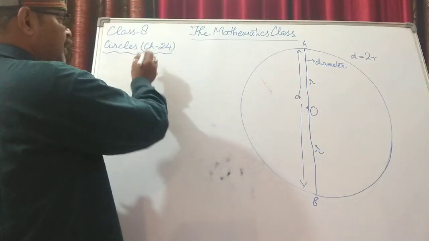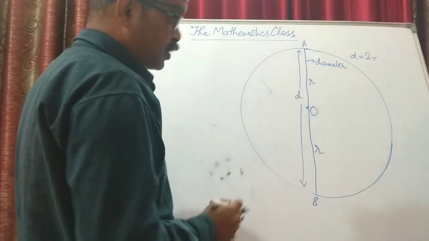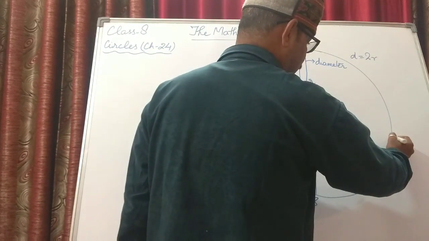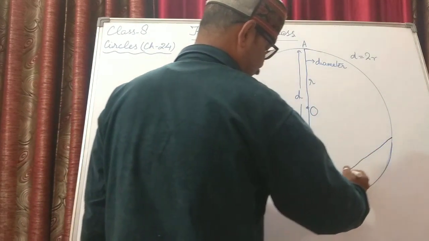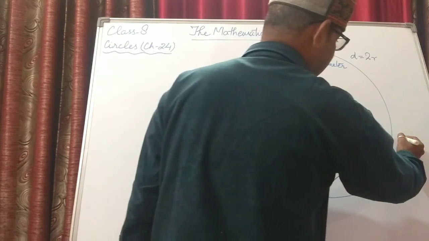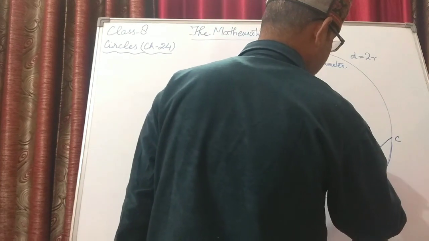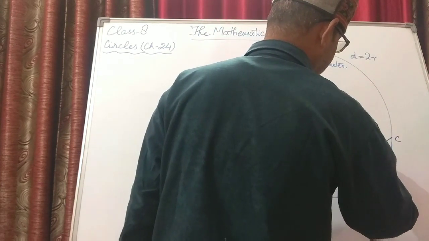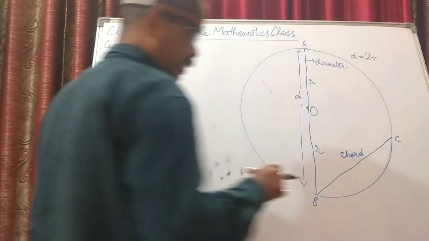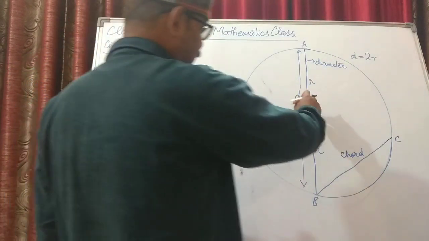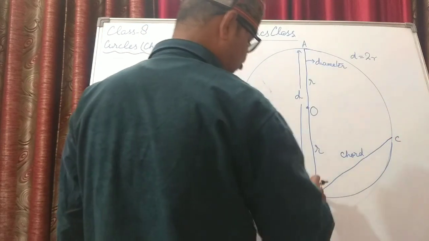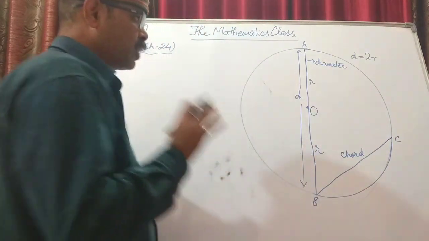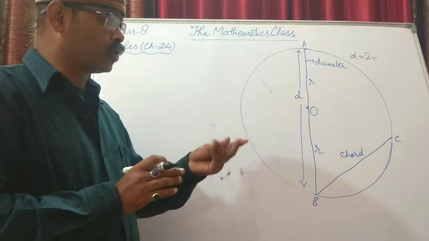Means when you join any 2 points on the circle, suppose I join B and C. Now BC is a chord, but if a chord passes from the center, then it is the diameter. I hope you can understand the difference between the diameter and the chord.